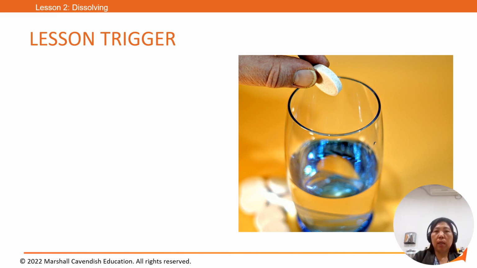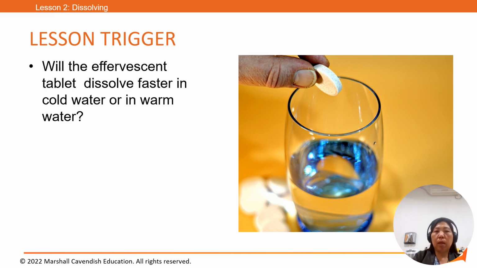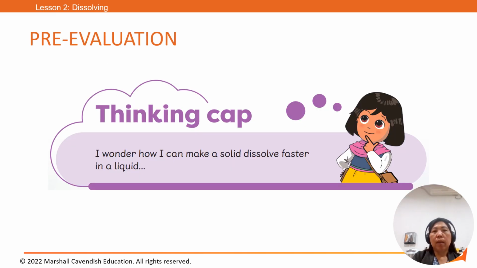You can see that many times we put in an effervescent tablet, and it will dissolve faster in which one? In cold water or in warm water? So probably you're going to say warm water. Now, how do we know that it is true or not? Let's see how a solid dissolves faster in a liquid.